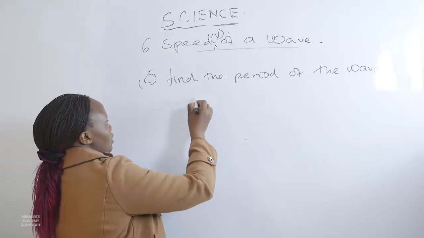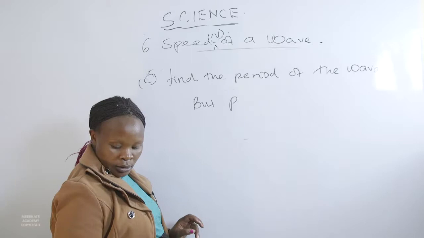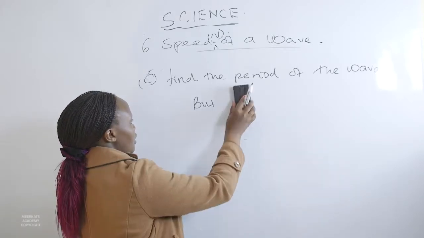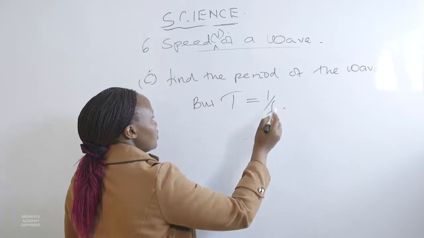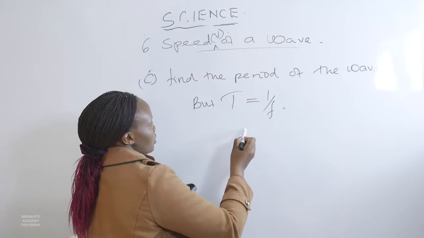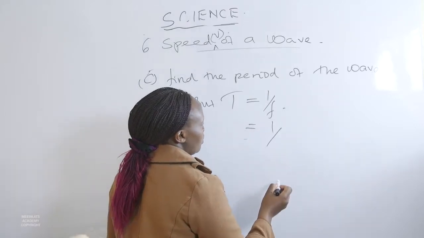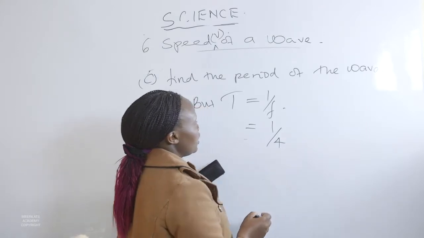And we know that period, capital T, is given by 1 over frequency, and our frequency was 4 hertz.